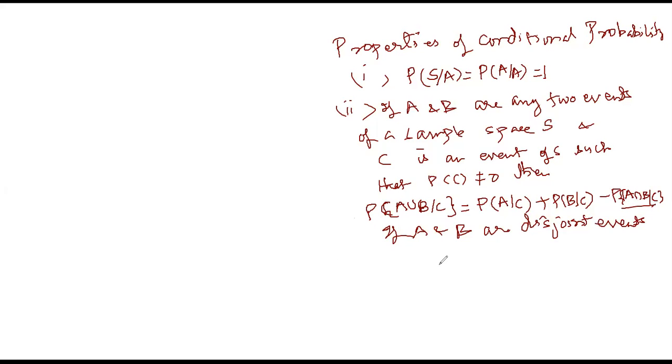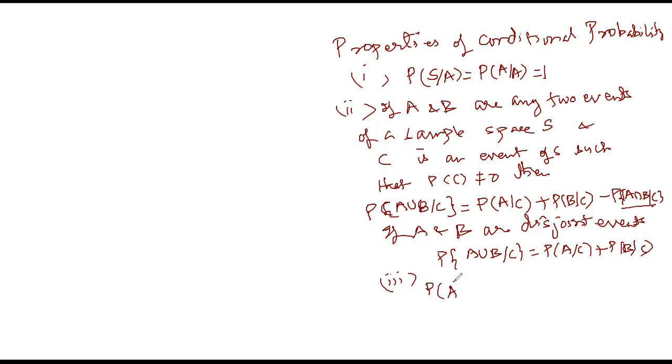Only this part is left: the probability of A union B when C has already occurred is equal to the probability of A when C has occurred plus the probability of B when C has already occurred. And the third property also, just remember these properties; whenever it comes, first we will do the question, then you will understand better.